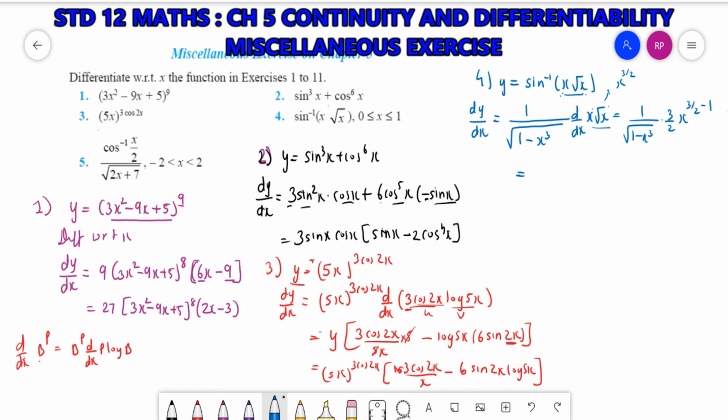So this will be equal to 3 by 2 x raised to 3 by 2 minus 1, that is 1 by 2. So square root of x, and the denominator is also a square root, so we'll join it: 3 by 2 root x upon root of 1 minus x cube. Okay, this was about question number 4. Clear? So note down questions 1, 2, 3 and 4.